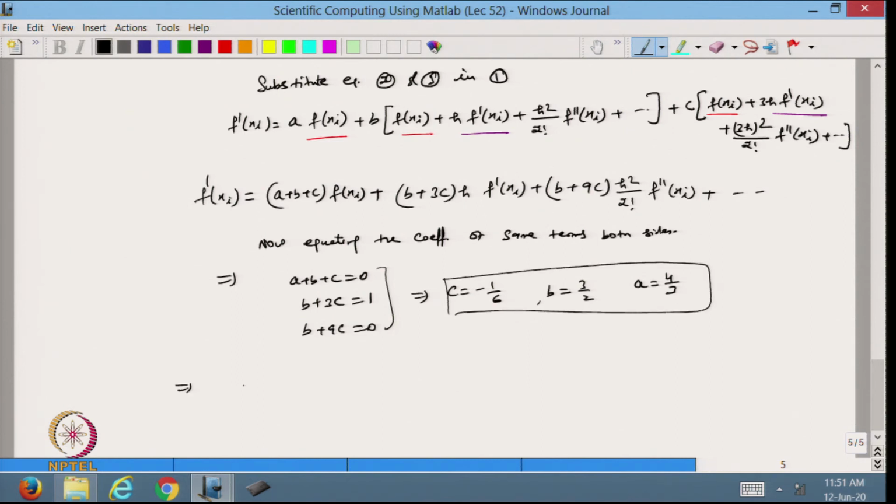That gives me that my f dash at xi can be written as 4 by 3 f at xi plus 3 by 2 f at xi plus h, and c is minus 1 by 6 f at xi plus 3h.